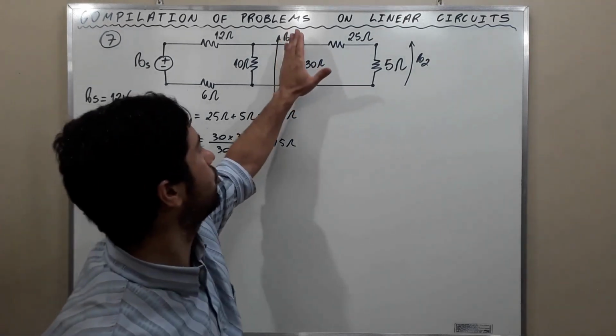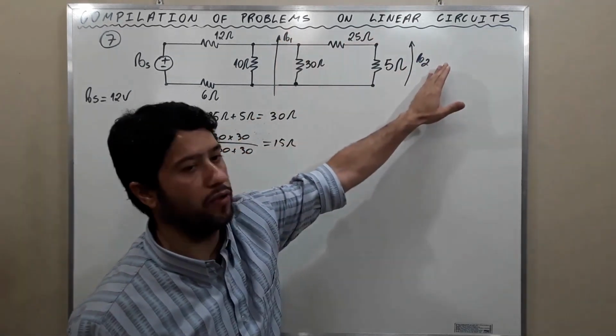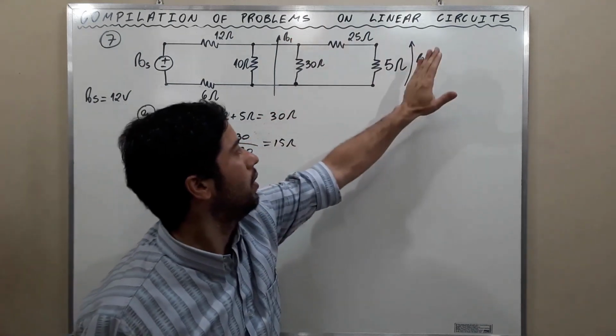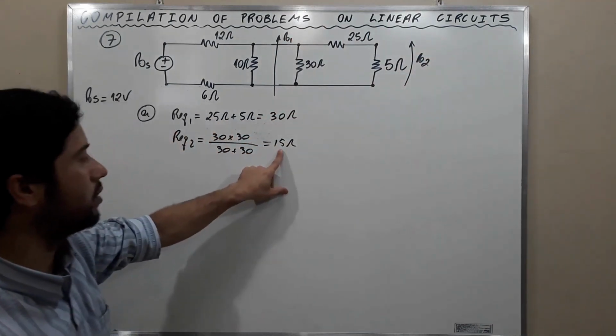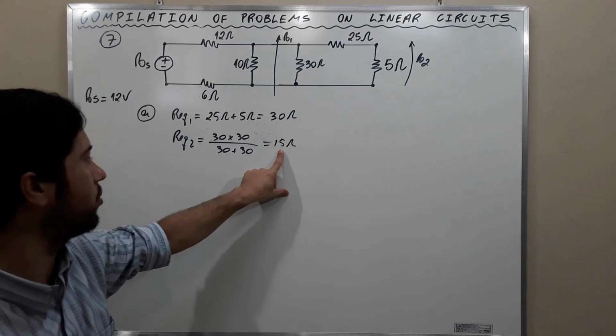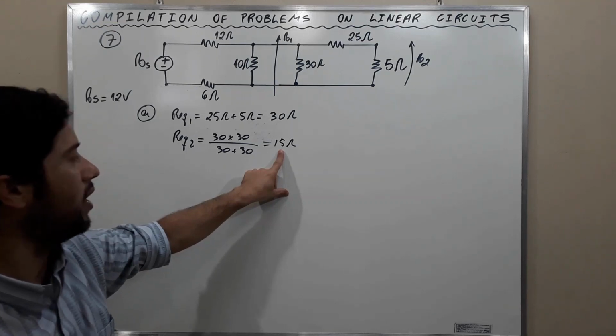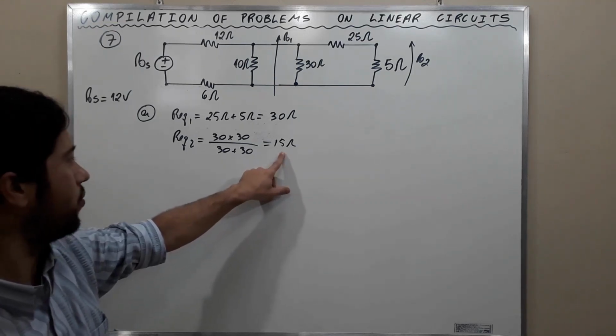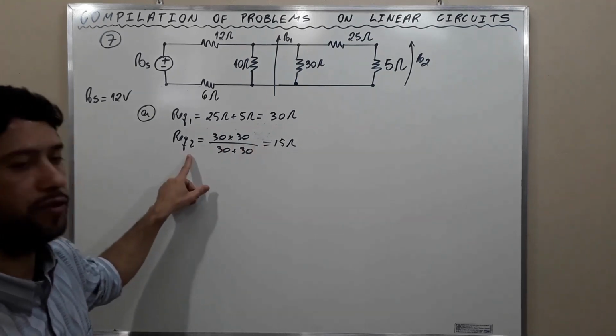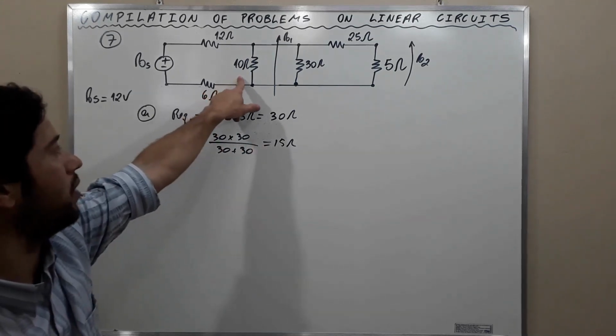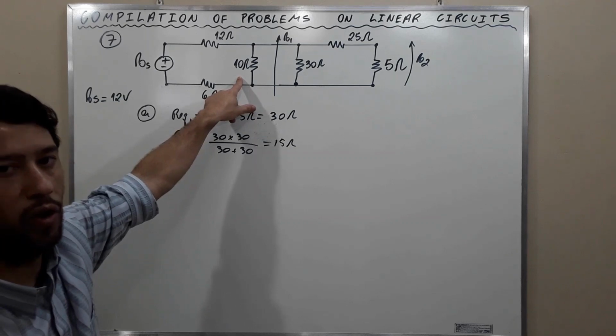And we are going to erase all this, and the resulting equivalent resistance is this. And this equivalent resistance number 2 is in parallel with this 10 ohms.